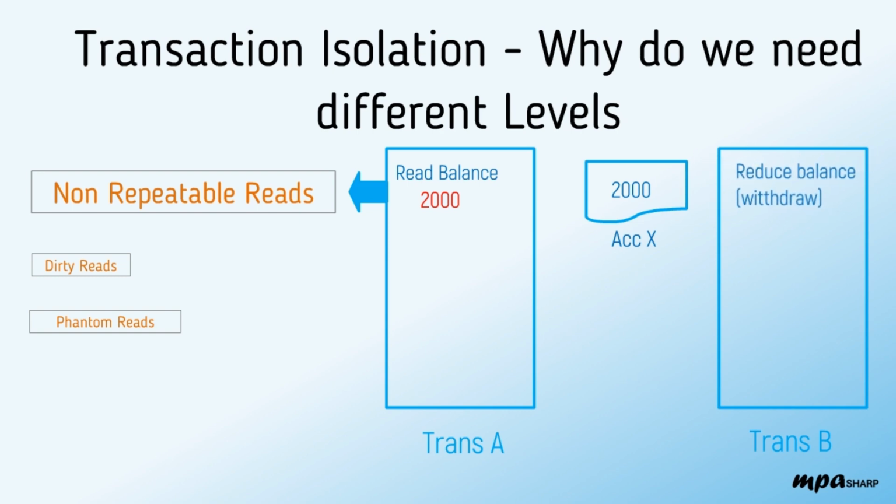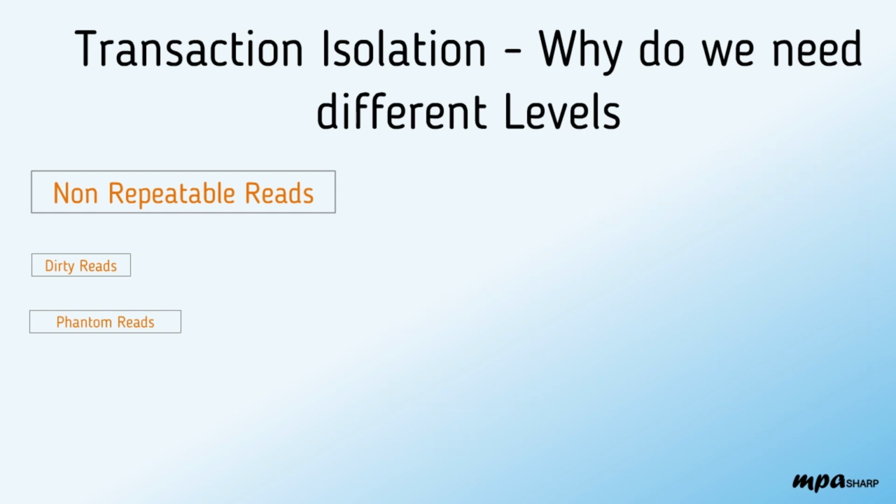But before transaction A rereads, transaction B deducts the balance of the same person and commits, or saves, to the database. The new balance could be not eligible for the bonus. This is called a non-repeatable read because transaction A couldn't reread the value it read earlier and get the same results for the bonus calculation.